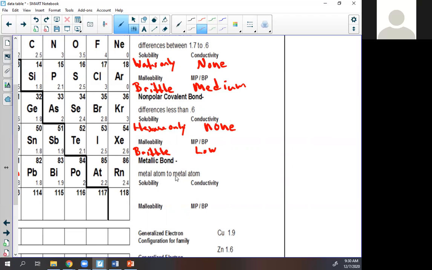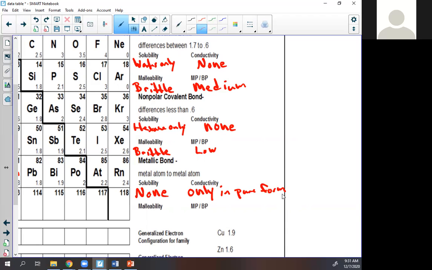Then our metallic bonds. That's a metal atom bonded to a metal atom. Solubility, you should notice that they did not dissolve at all. Conductivity is only in pure form. We know metals conduct, but don't get tricked on the test. If it says, does it conduct in solution?